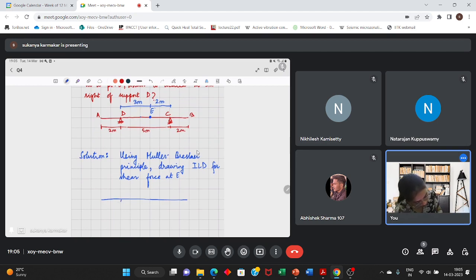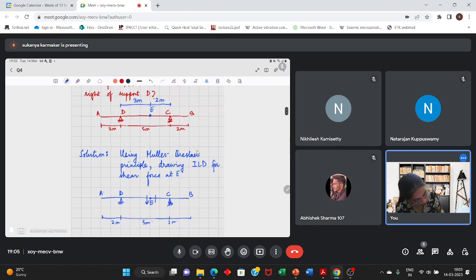The beam is 2 meters, this is 5 meters, this is 2 meters.